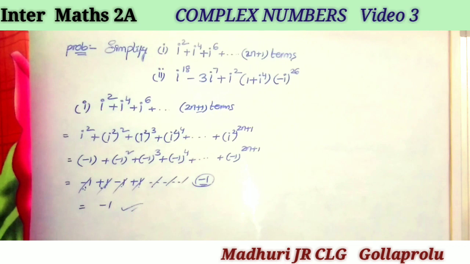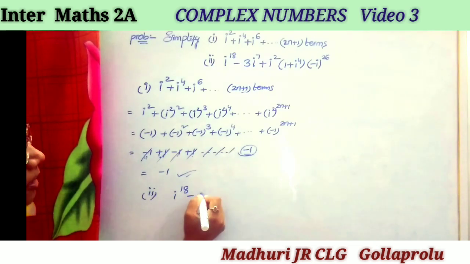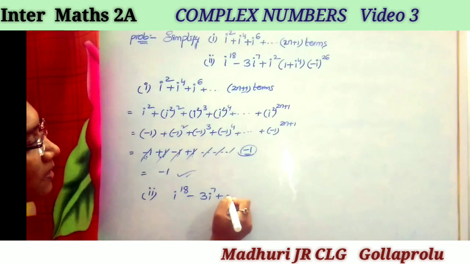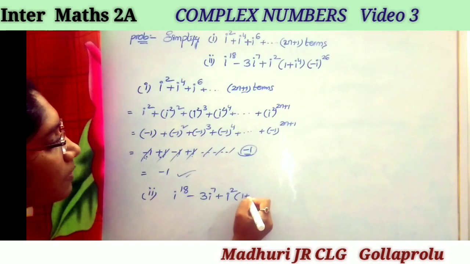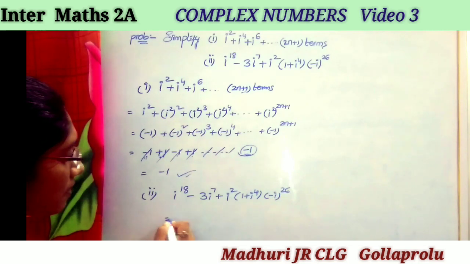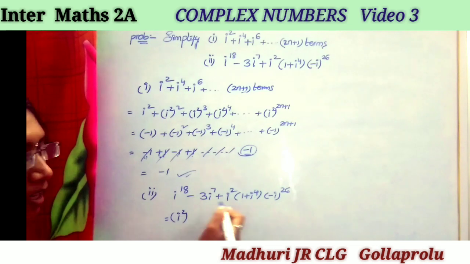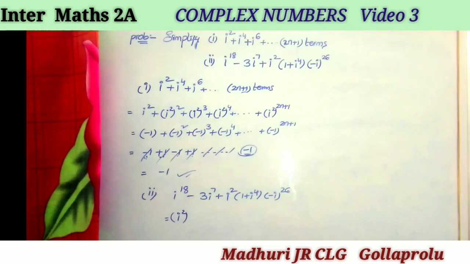That's all. And the next question, sum number 2. What is the question here? i power 18 minus 3 into i power 7 plus i square into 1 plus i power 4 into minus i power 26. Now what is i power 18? Just converting all terms in terms of i squares.